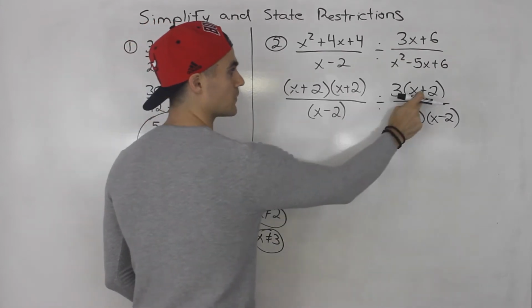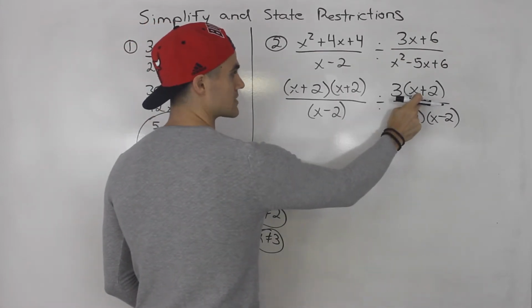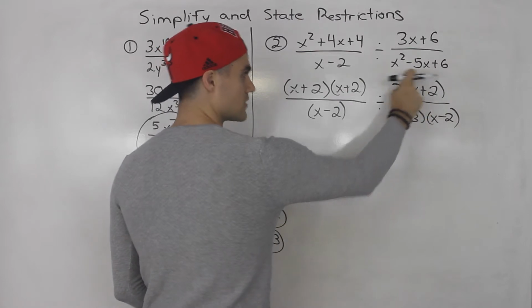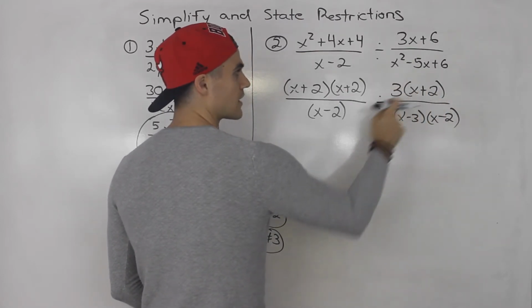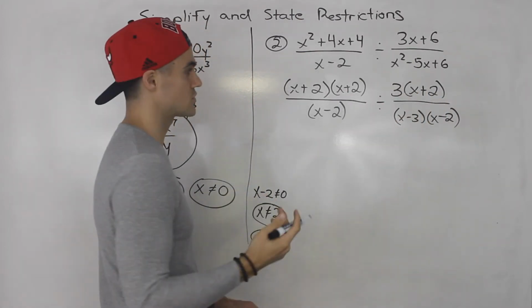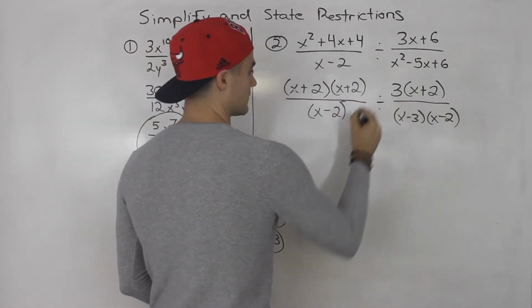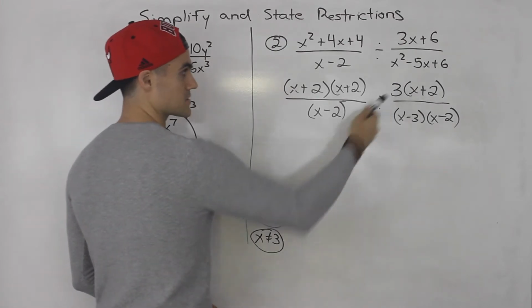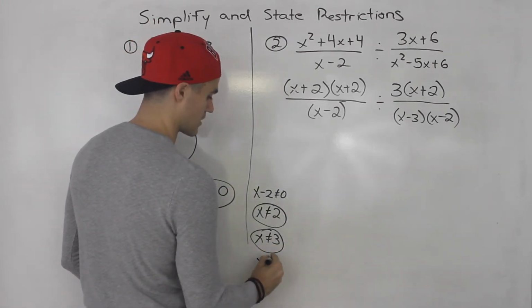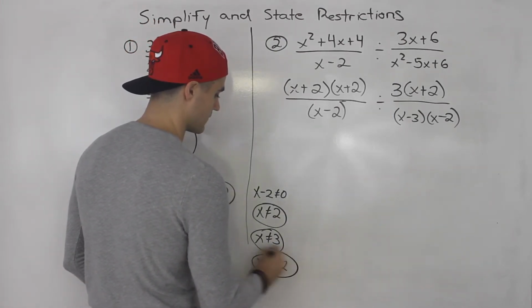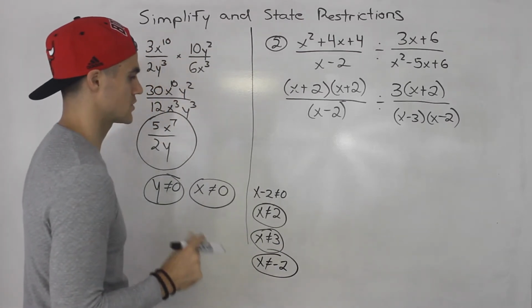And since we're dividing, we've got to look at this numerator as well, because if the numerator is 0, this whole thing is 0, and we can't be dividing by 0. So x plus 2 can't equal 0. That means x cannot equal negative 2. That's the 3rd restriction.